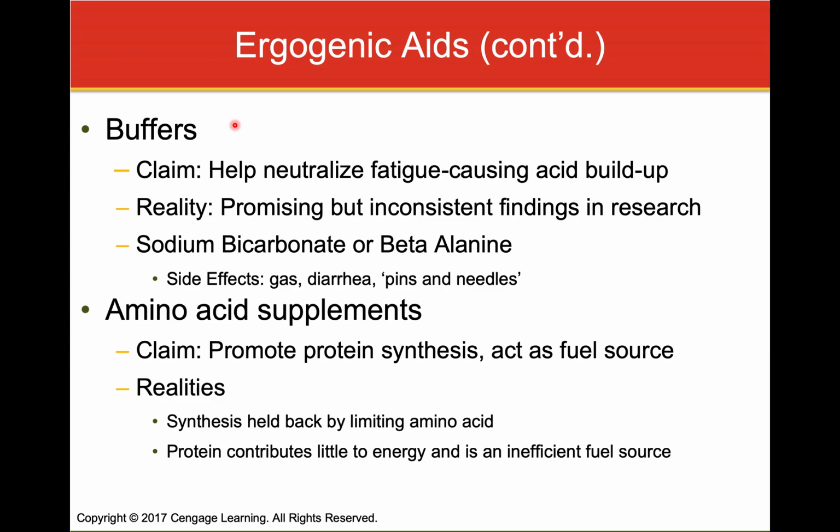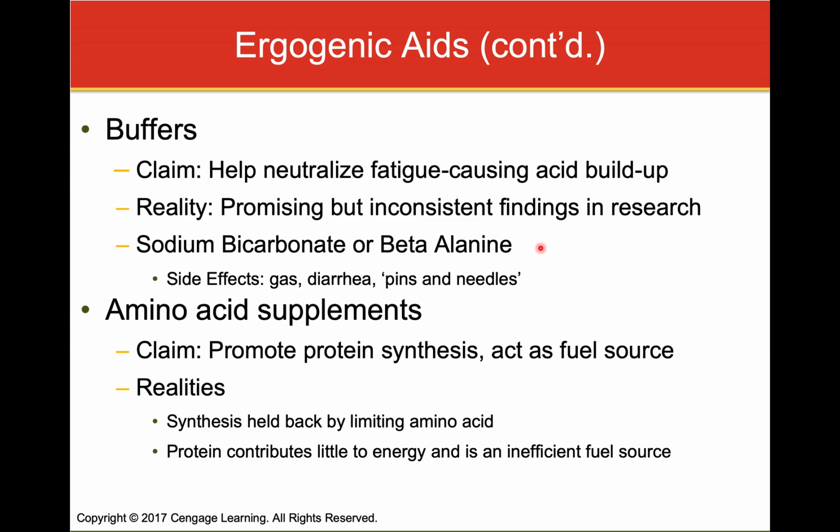The next slide, we have another ergogenic aid, buffers. And so the claim with buffers is that they help to neutralize fatigue-causing acid buildup. So this is actually something that's promising. So things like sodium bicarbonate or beta-alanine can help to delay muscle fatigue and therefore enhance performance.